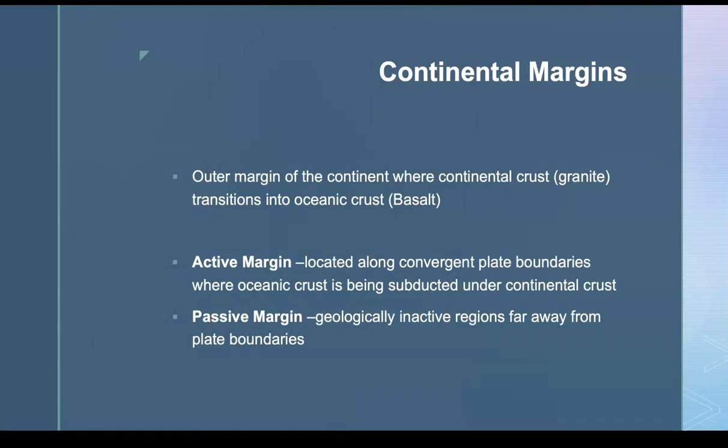North America is on its own plate called, well, guess what? The North American Plate. So right there, where the Pacific and the North American meet is a plate boundary, or an active margin. Well, the North American Plate goes literally to the middle of the Atlantic Ocean, where it joins the Eurasian Plate, right? So at our east coast, we don't have a plate boundary there. So that would be a passive margin.